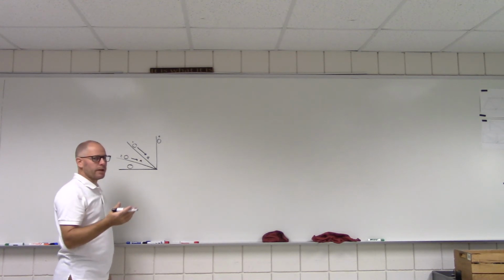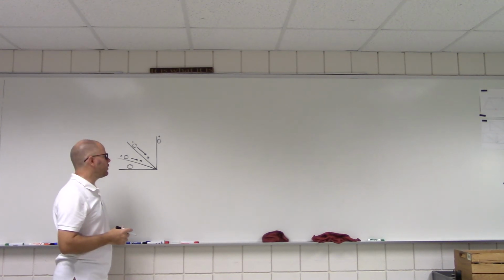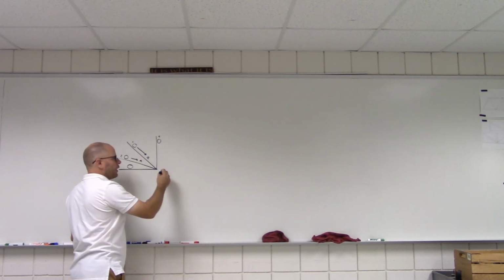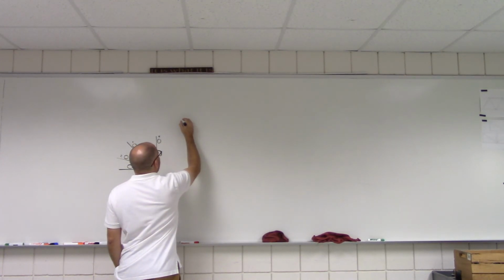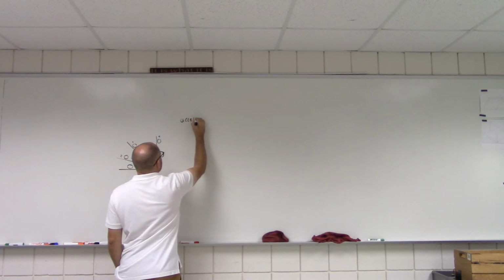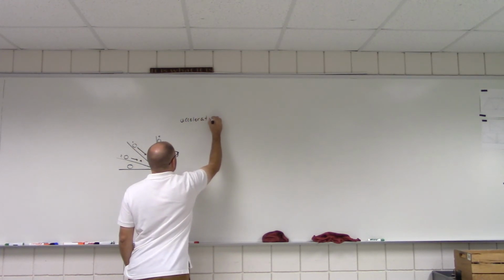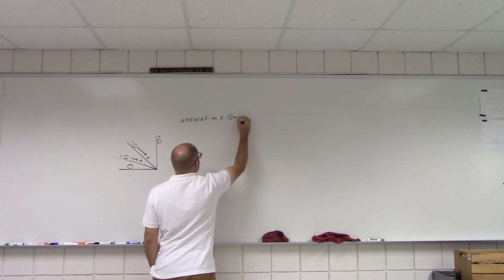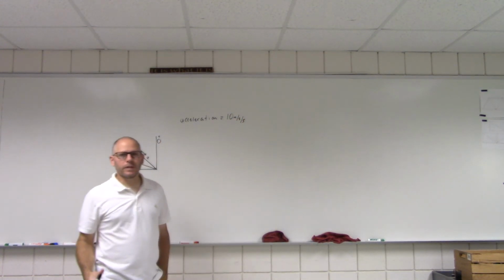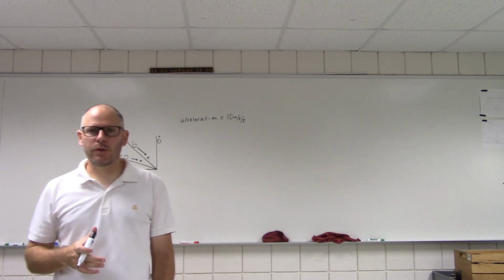And this is obviously the maximum acceleration that you could get. So when we measure the acceleration of this ball, we find that the acceleration is equal to 10 meters per second per second.